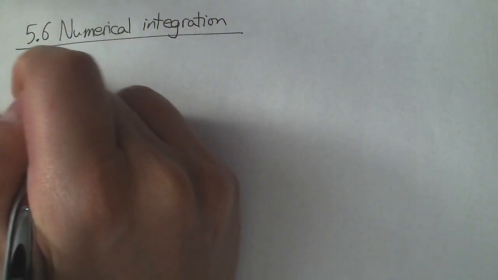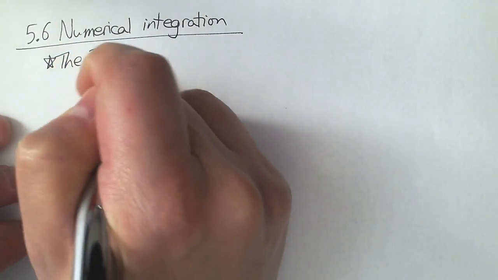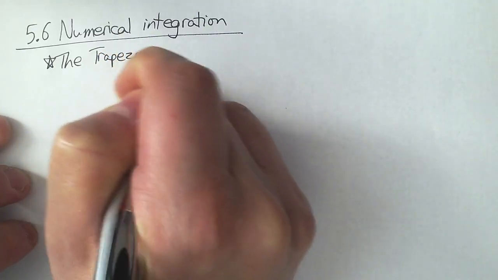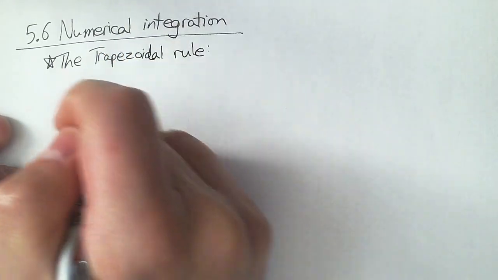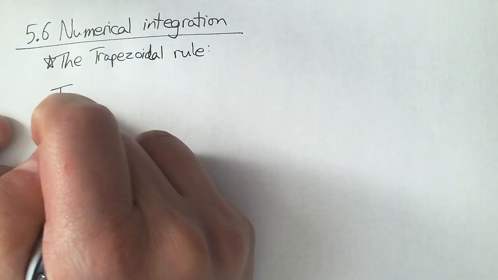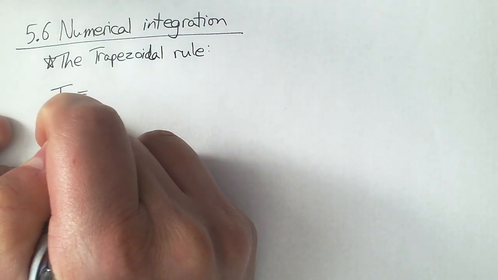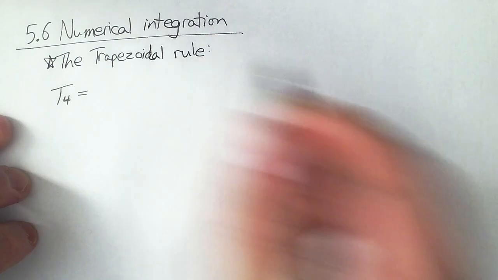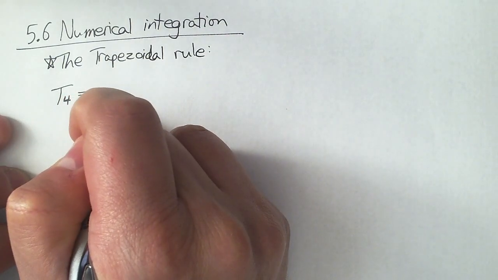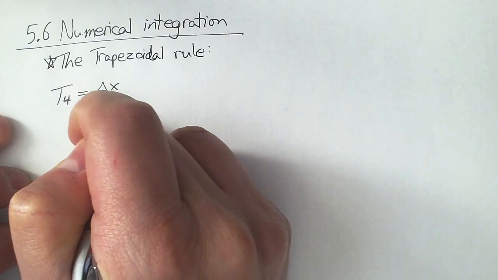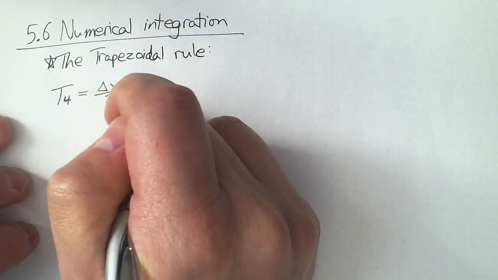So first up, the trapezoidal rule. Instead of showing you the real general version with n and then we need to go up to xn, I'm just going to show you this for n equals 4.